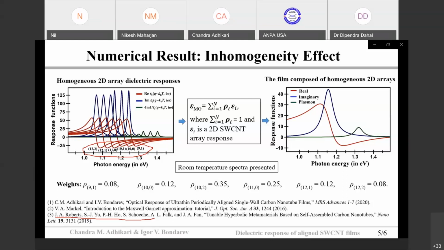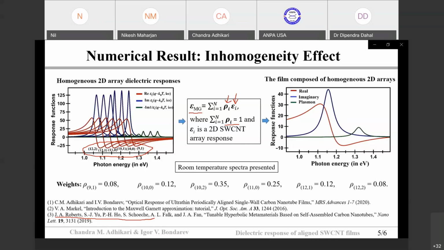We mix them in such a way that the thermal average of the response function is the sum of the thermal average of the response function of each homogeneous array of carbon nanotube times the weight of that homogeneous array. The weights are assigned in such a way that the total weight is 1. And what we found is that the spectrum of the response function is widely broadened.